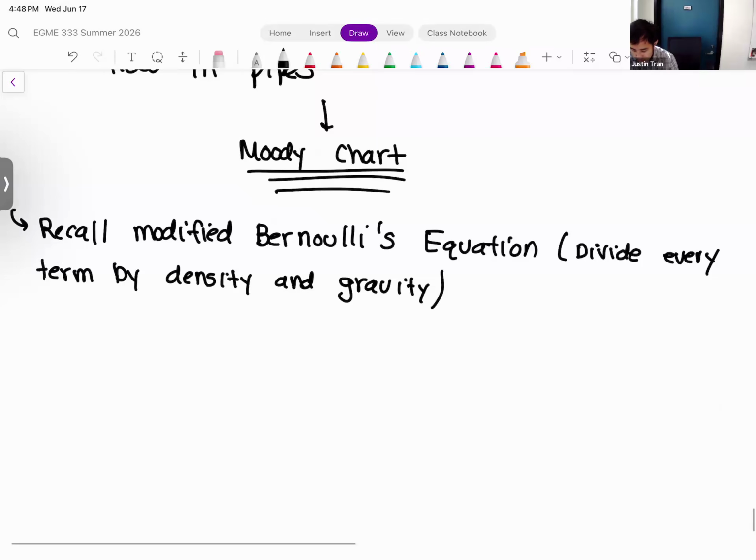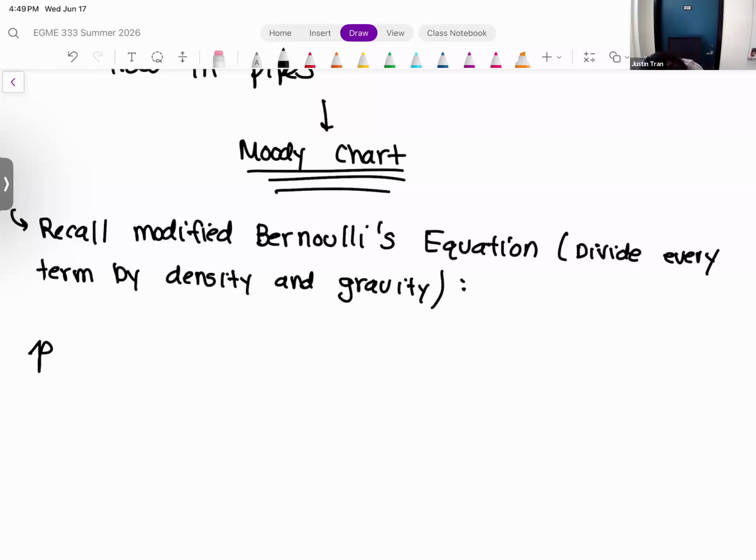So this gets us a very interesting form of Bernoulli's equation that I would say is unique to pipe flow, mostly just because of tradition in terms of how pipe flow has been analyzed in the past. So we still have all the same terms, it's just that they're scaled a little bit differently in order to get everything in units of length. All right, so our modified Bernoulli is the following.